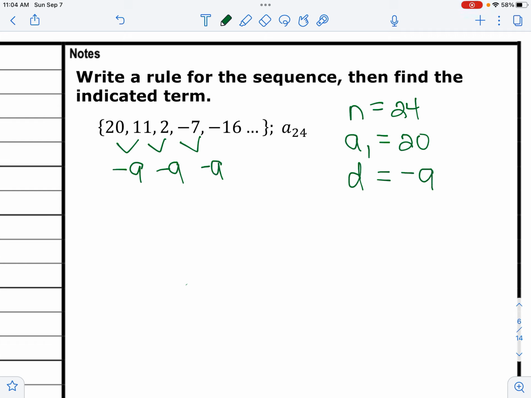So if I want to find a sub 24, I know that I have 20 plus common difference of negative 9 times n minus 1. Now the n that I know is 24, so that would be 24 minus 1.